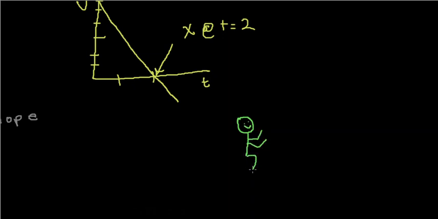If I'm running at 4 meters per second, and you don't know where I'm going, and I'm decreasing. If I say at time 2, where's my position? That doesn't make sense, because we don't have a point of reference, right? So we use 0 as our point of reference.